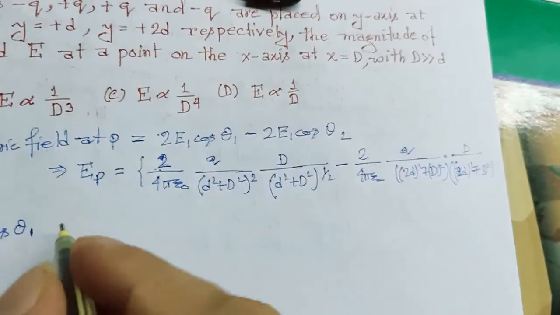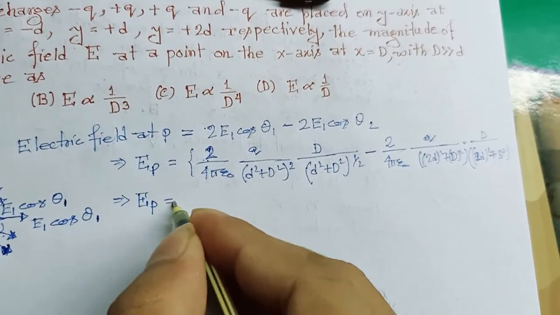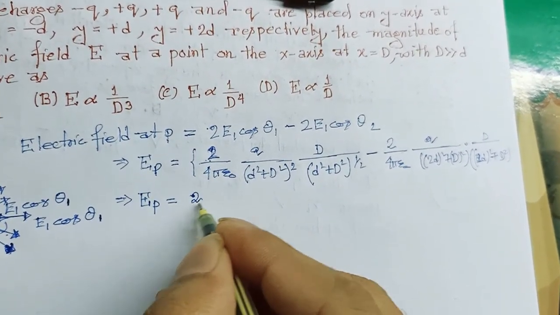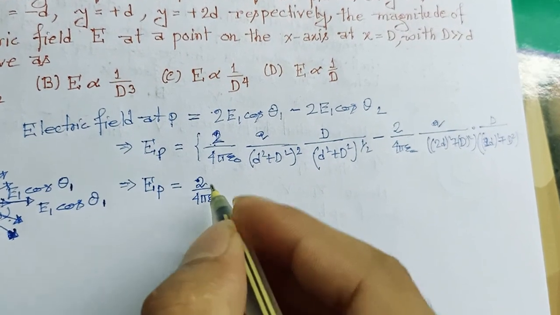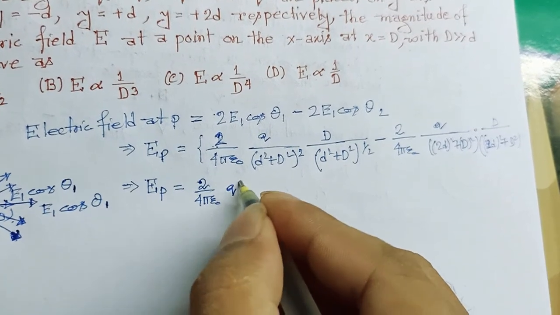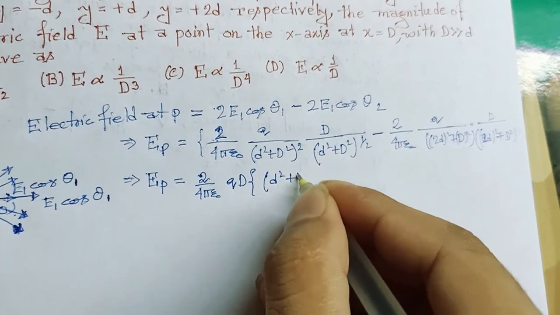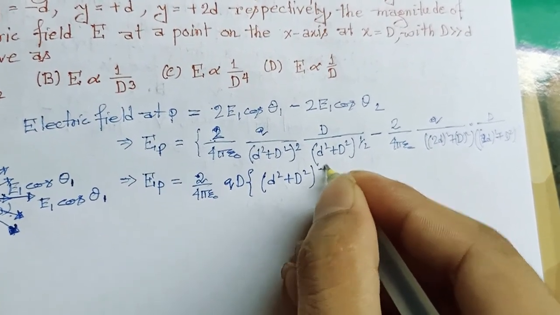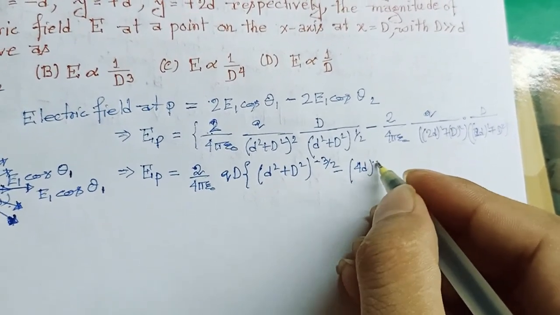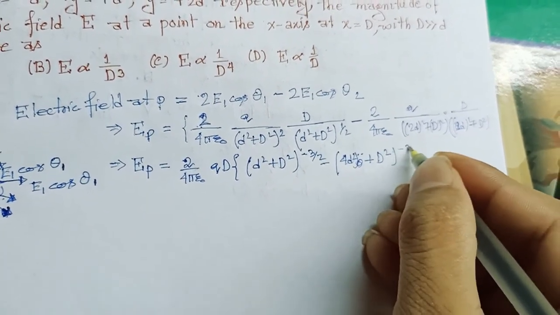So if you calculate this value, then the net electric field at point P will be equal to 2 divided by 4 pi epsilon naught into Q d, multiplied by (d square plus capital D square) whole to the power minus 3 by 2 minus 4d square plus capital D square whole to the power minus 3 by 2.